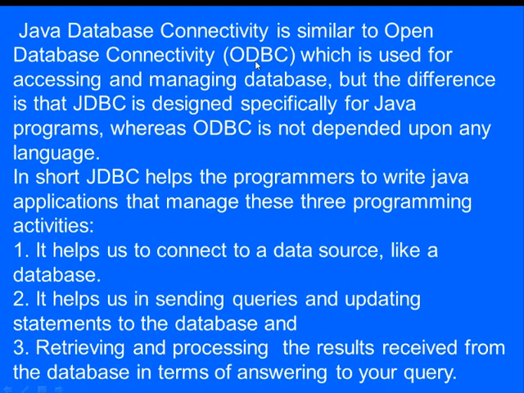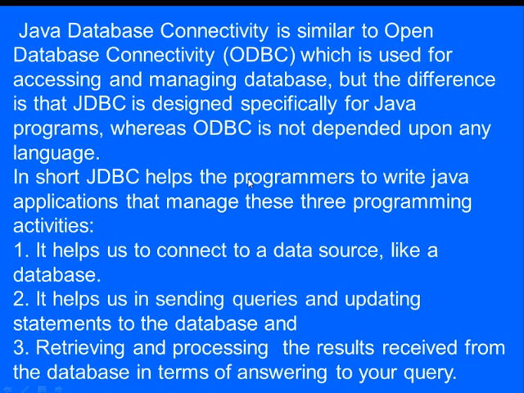Java database connectivity is similar to Open Database Connectivity, ODBC. This ODBC technology is from Microsoft, which is used for accessing and managing databases. But the difference between JDBC and ODBC is that JDBC is designed specifically for Java programs, whereas ODBC is not dependent upon any language.